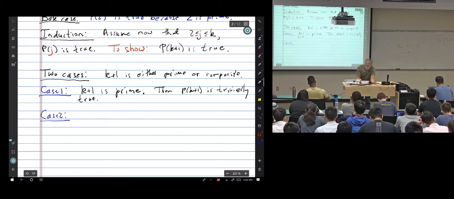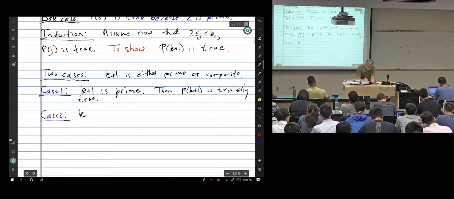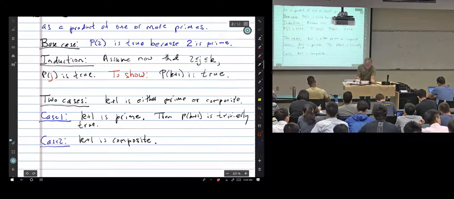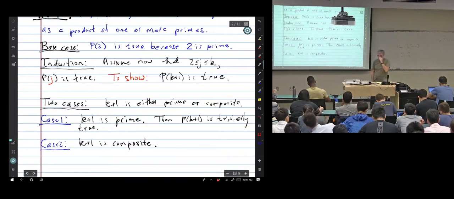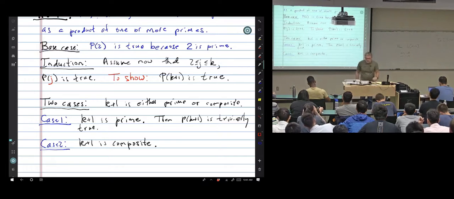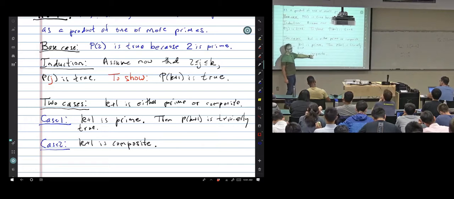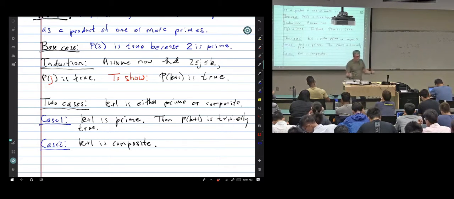Now the second case, K plus 1 is composite. Here we now use the definition of composite. It's the only thing we have going for us.